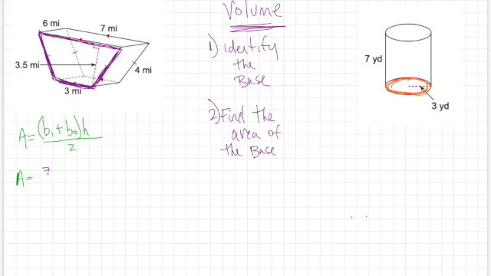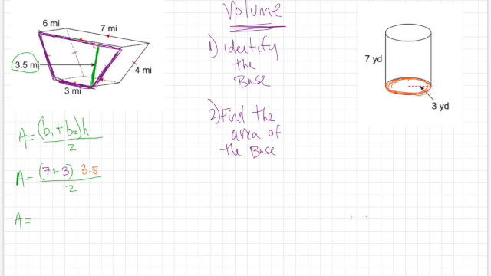And then this bottom side here, which is 3. And then the height of the trapezoid is this one here, which is 3.5. And we add that together and multiply, divide by 2.